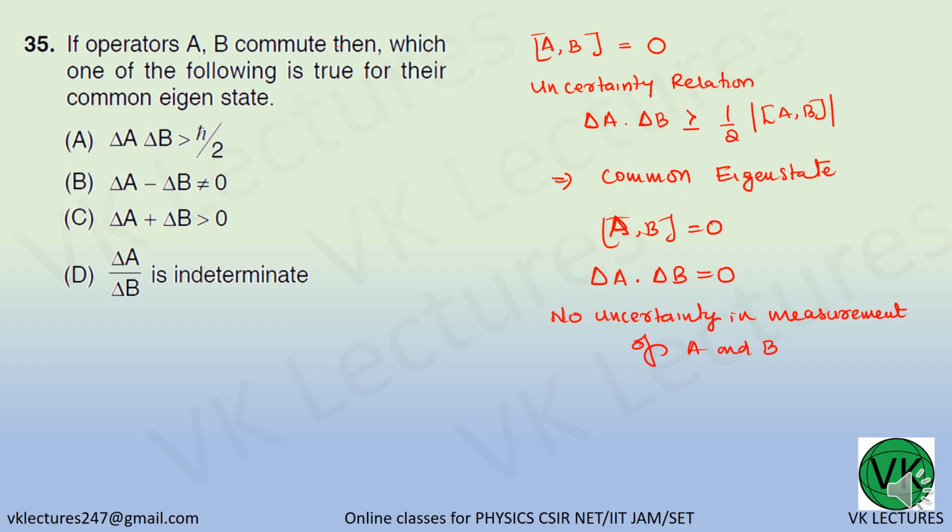That means there is uncertainty in A and uncertainty in B equal to 0 simultaneously, which means A and B can be measured with accuracy. Okay, so delta A equal to 0, delta B equal to 0. According to the question, the fourth option is the correct answer.